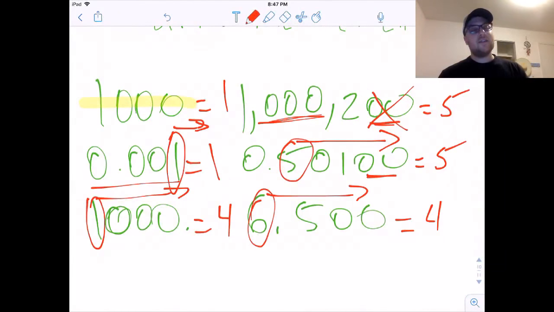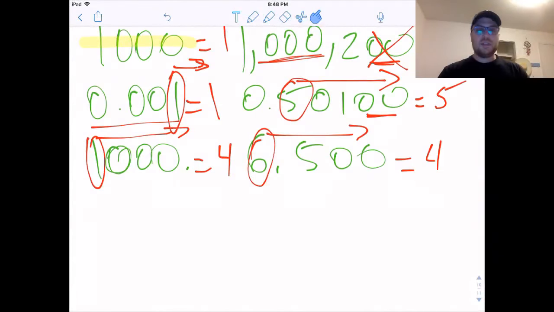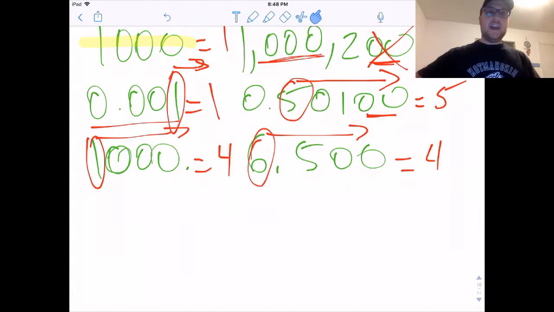All right, let's do adding and subtracting. Take all your numbers and line them up so the decimal is all in the same place. So let's say you were adding 6.53 plus 7.012 plus 8.1.